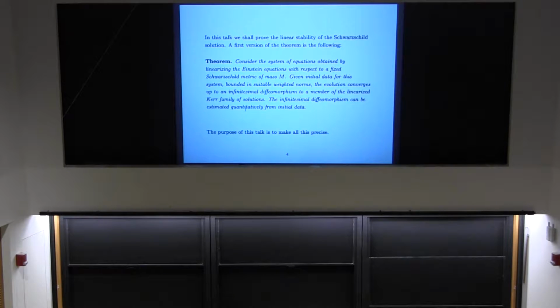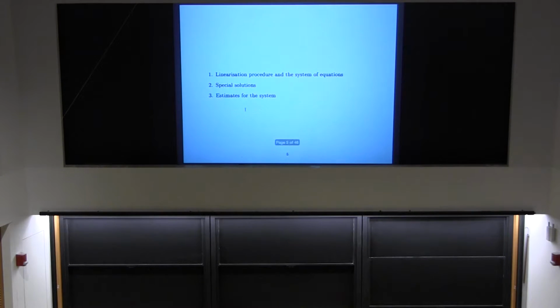We have to find suitable norms in which we measure the size of the data. And then the claim is that the evolution converges to a member of the linearized Kerr family of solutions up to an infinitesimal diffeomorphism. And moreover, this infinitesimal diffeomorphism will be uniformly bounded in terms of the initial data that we started from.